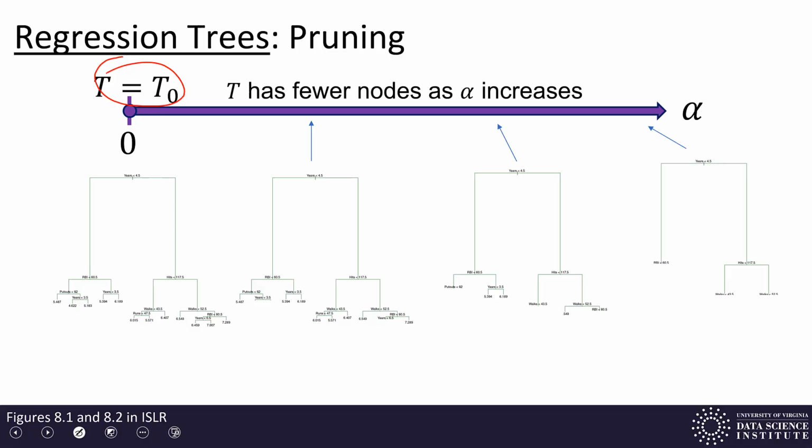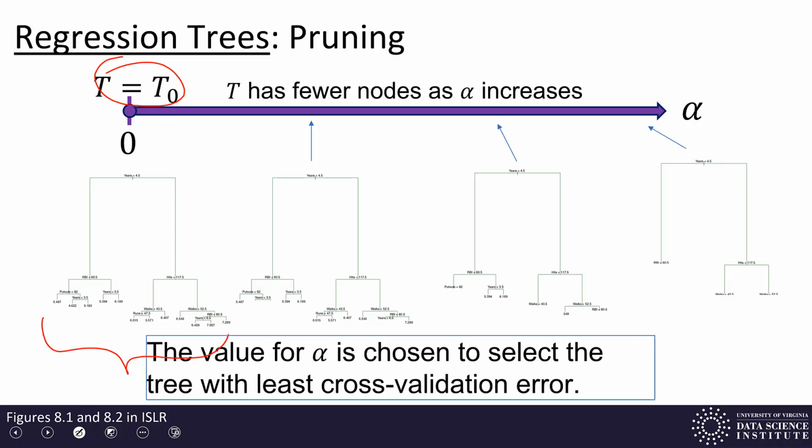So the way pruning works, you build your full tree, and then by this construction we get a different tree, smaller and smaller as you increase alpha. Then you pick alpha according to some form of cross-validation on the training data to get your cross-validation error, and that allows you to pick the tree that's going to give you the best performance and reduce your overtraining.